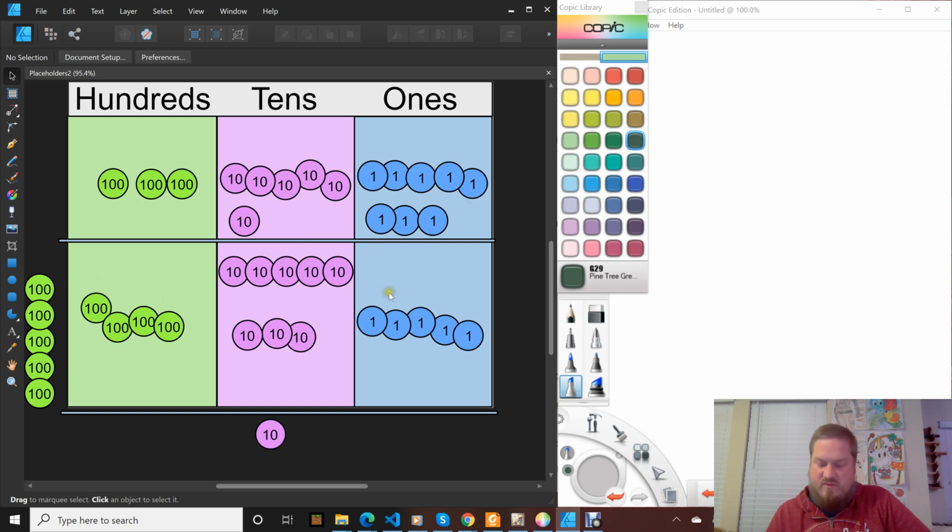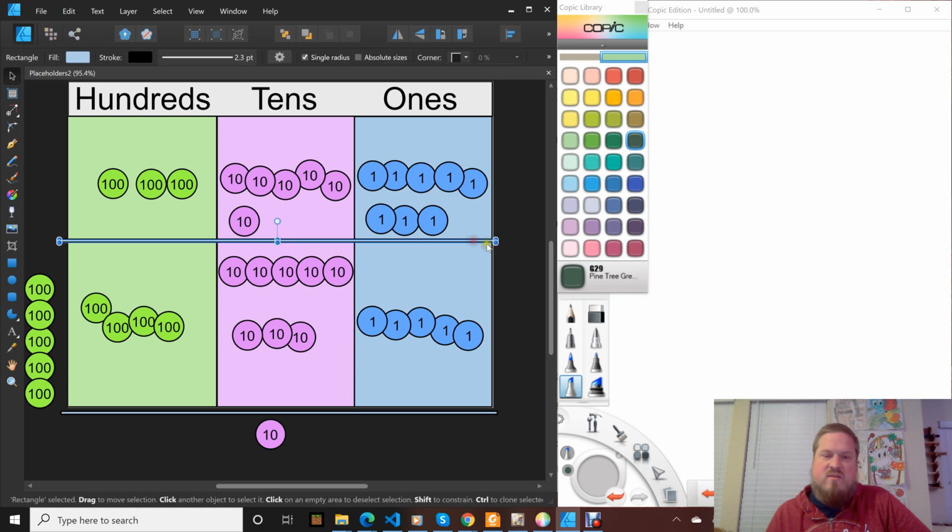We're going to add up all of the ones that are in this group. 1, 2, 3, 4, 5, 6, 7, 8, 9, 10, 11, 12, 13. So 13 ones is really the same as, this is where we're renaming it, 1 ten and 3 ones.